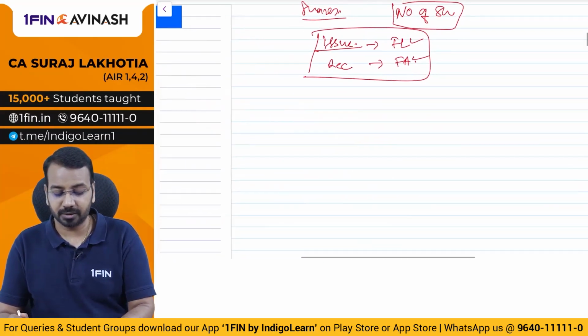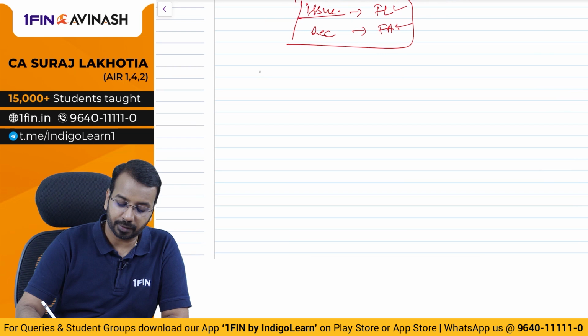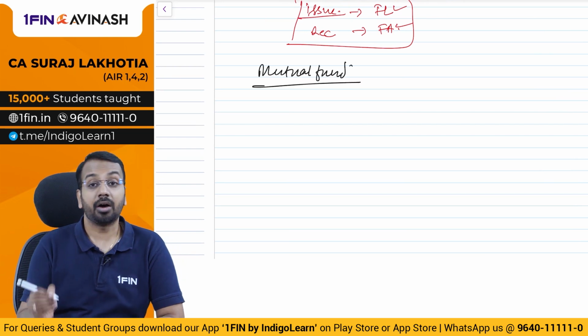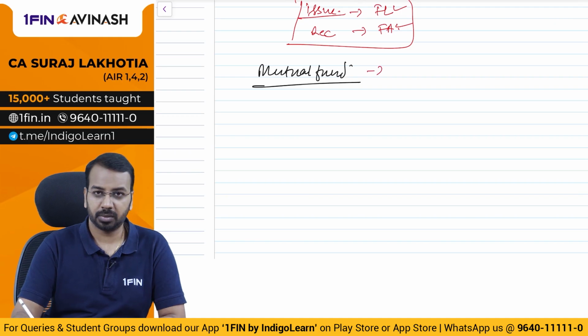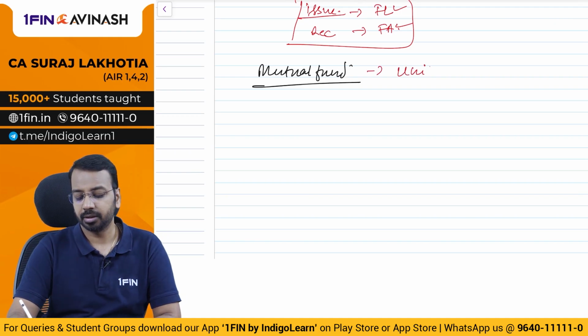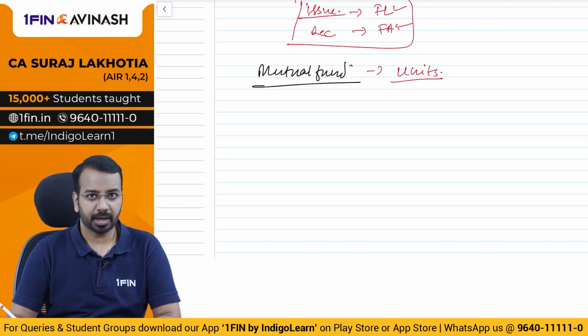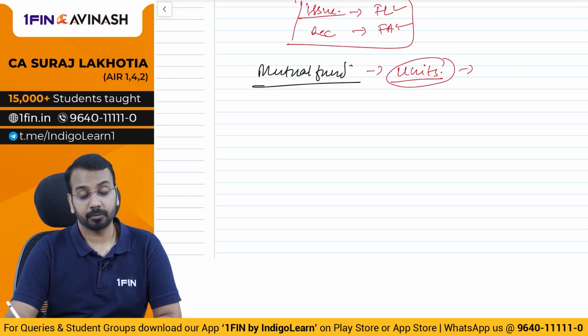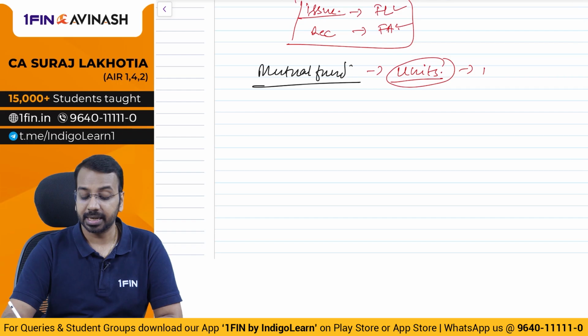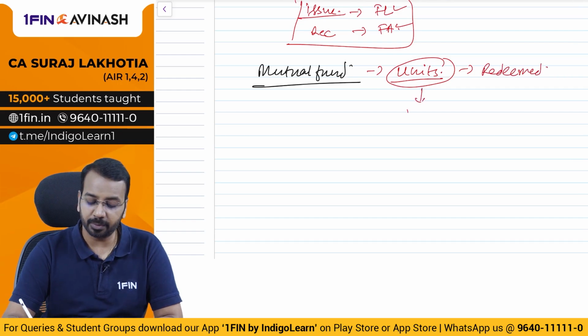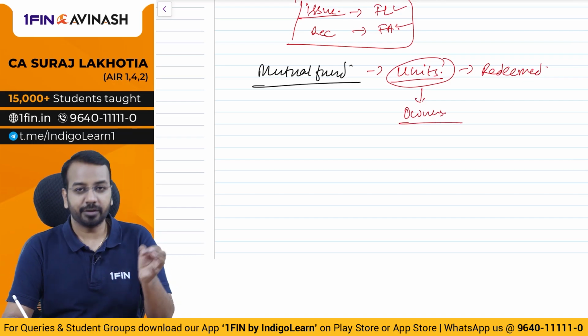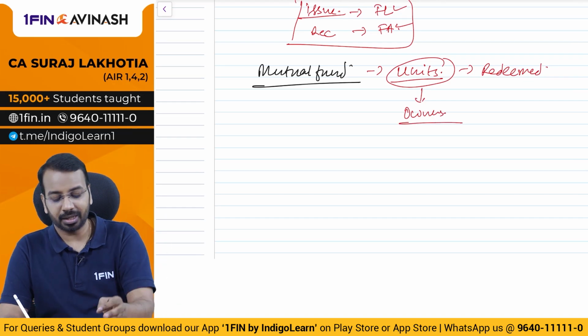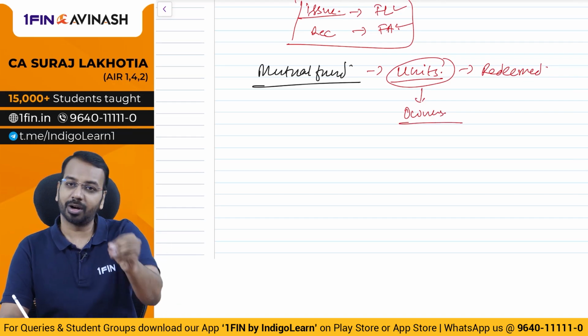One exception is, let us say, a mutual fund. Now, if you invest in a mutual fund, what do you get? You get units, correct? These units can be redeemed anytime if it is an open-ended fund, and these units will make you owners. If you have invested some amount in a mutual fund, you got the units.